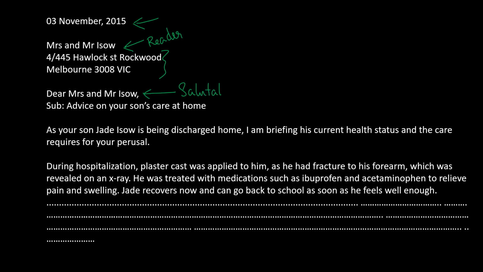I know their names, so I write it as Dear Mrs. and Mr. Isho, and I've given a subject instead of a reference line because I'm writing the letter to the parent or the parents of the child. So the parents or the carer, which is why I've written the subject instead of reference. This is the purpose of the letter and the paragraphs to follow.